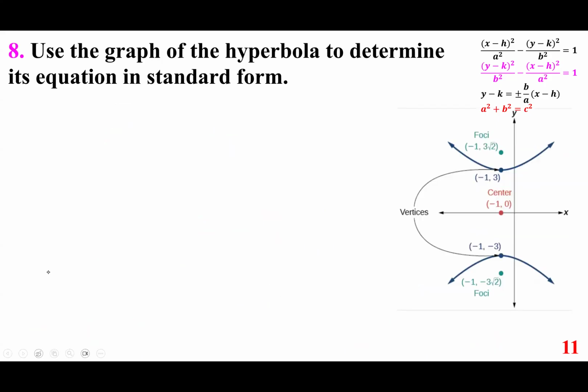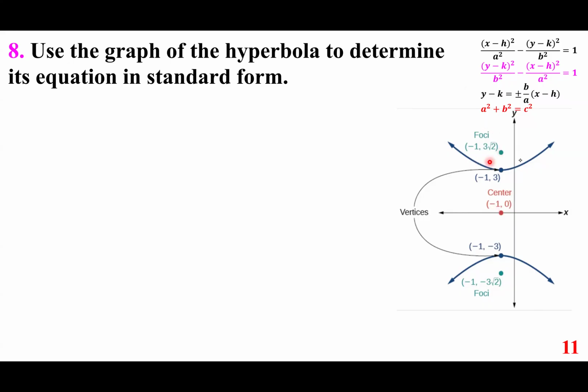We want to use the graph of the hyperbola to determine its equation in standard form, and again, reminding you of that. So having said that, let's see what we need to do. The center is at negative 1, 0.